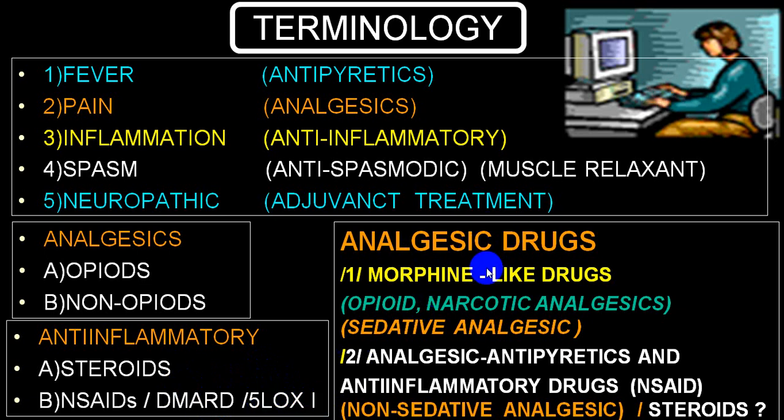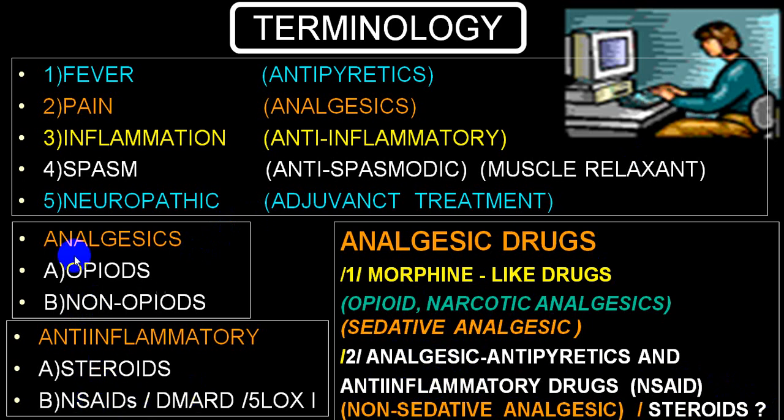Or you can divide into morphine-like opioids or narcotic analgesics, that is sedative analgesics, and analgesics which have anti-inflammatory property, that is non-steroidal anti-inflammatory drugs, and steroids. So the non-opioids are steroids plus non-steroidal anti-inflammatory drugs.